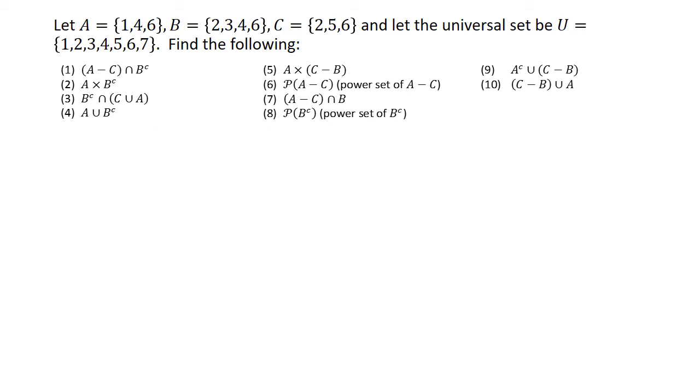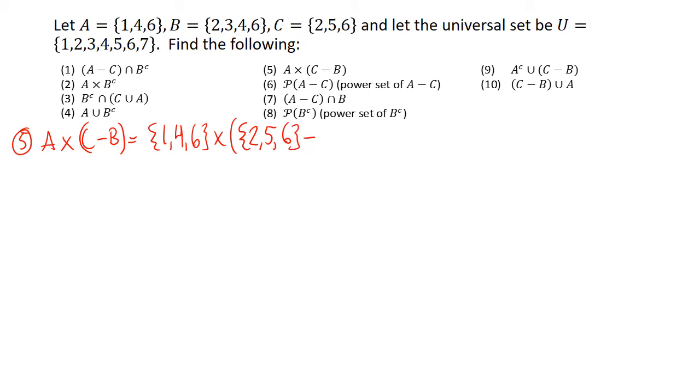Okay, so number 5. So A cross C minus B. Okay, so I'll just fill in all the little pieces and parts again. Cross, and then C is 2, 5, 6, and then minus, and B is 2, 3, 4, 6.